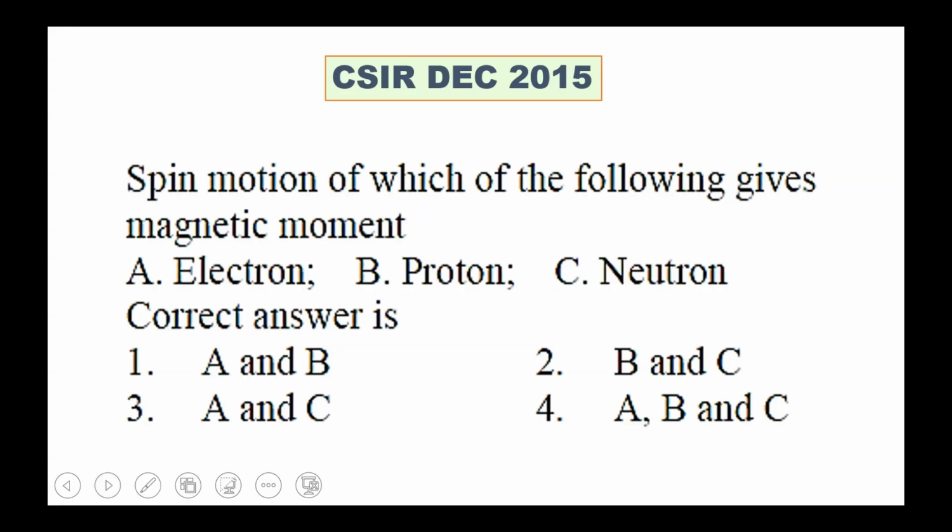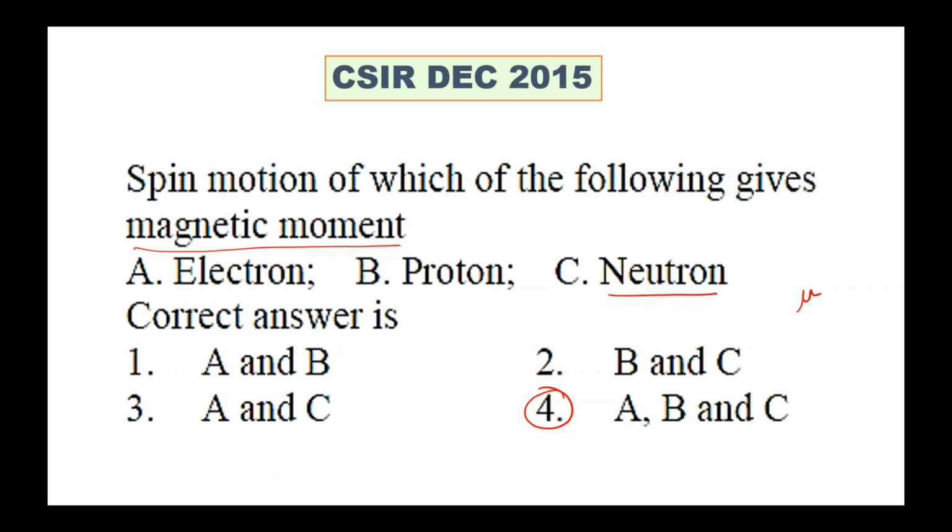Okay. Now let us see simple problems. The first problem: the spin motion of which of the following nuclei will have a magnetic moment. As I had mentioned already, for a magnetic moment you should have a spinning charged nucleus. So based on that you will immediately answer A and B, but the answer is option 4. The reason being neutrons don't have any charge, so we would feel that they will not have any magnetic moment.